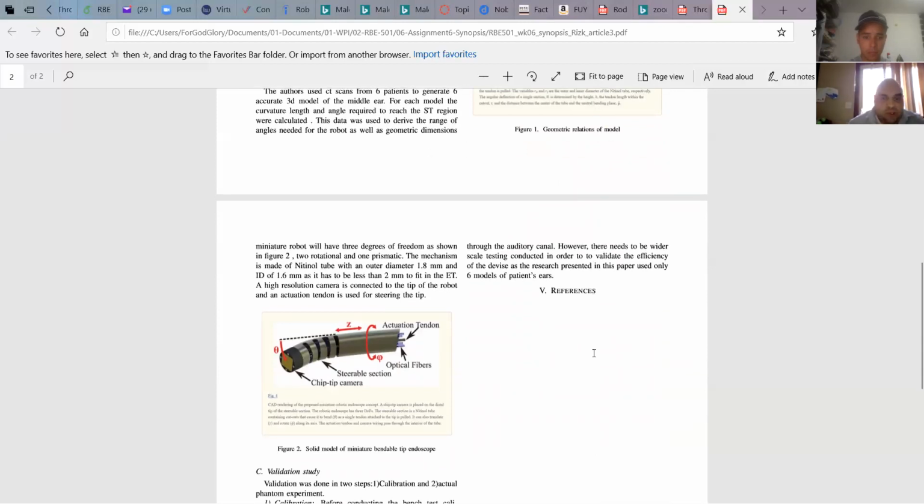And so the robot, as you can see here, has the 3 degrees of freedom I've been speaking about: the theta of the bend, the phi of the total rotation all around, and the z, which is the prismatic. It's made of a certain plastic material using CNC equipment, and its overall outer diameter was 1.8 millimeters and its inner diameter is 1.6 millimeters, because it has to be less than 2 millimeters in order to fit in the eustachian tube.